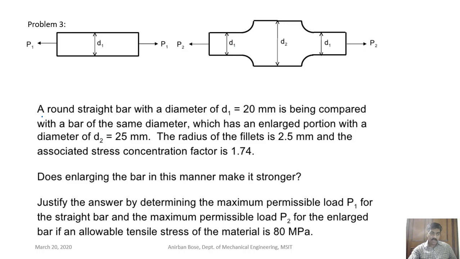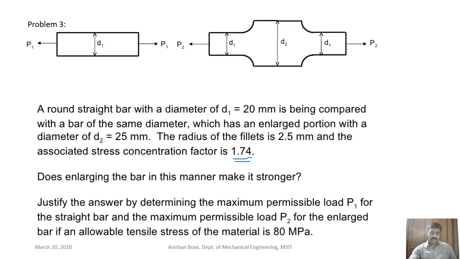What is the problem? Dimensions are given. It is compared with a bar of the same diameter which has an enlarged portion with a diameter D of 25 mm. The radius of the fillets is 2.5 mm and the associated stress concentration factor is 1.74.